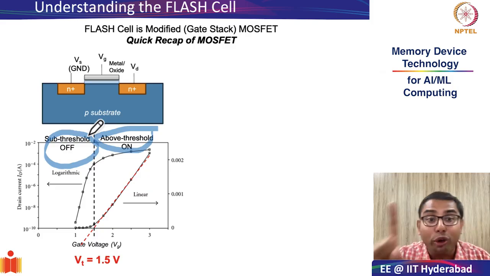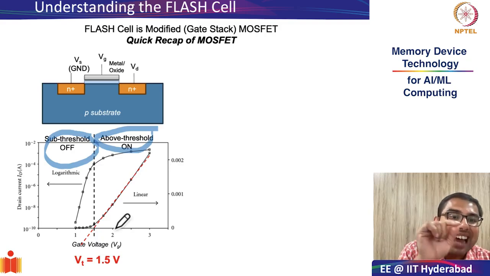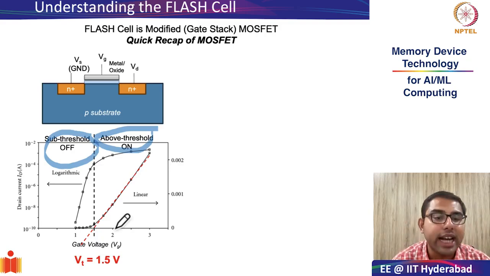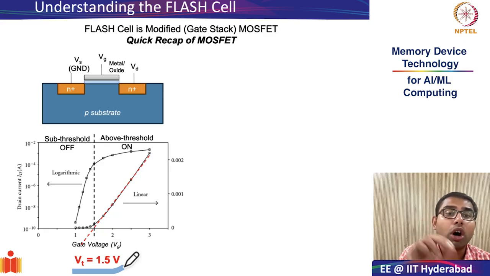The transition voltage in the gate axis, or the gate bias, where the transition happens from the off state to on state, is called the threshold voltage of the transistor. Threshold voltage of the transistor is something that we will focus on throughout the study of flash cell.